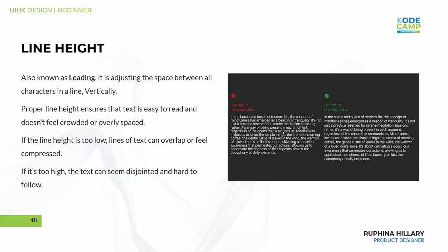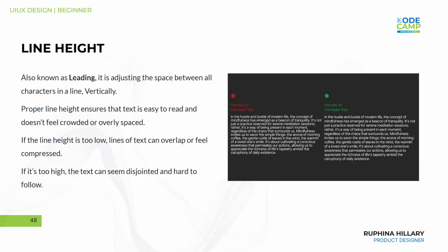So it's looking very tight and compressed. We should always ensure that your text has a proper line height so it doesn't feel crowded or overly spaced. If the line height is too low, lines of text can overlap or feel compressed. If it is too high, the text can seem disjointed and hard to follow.